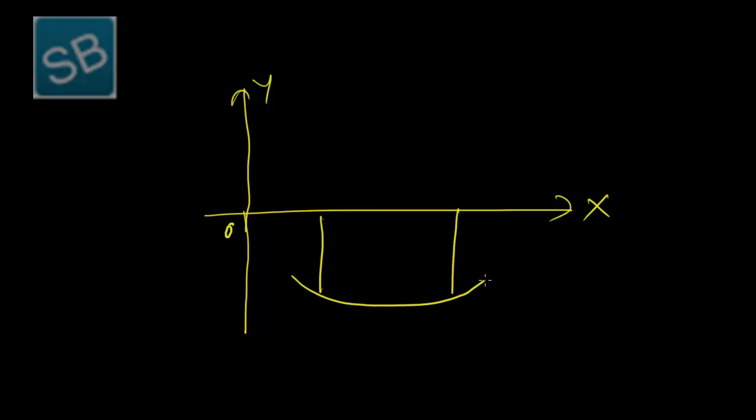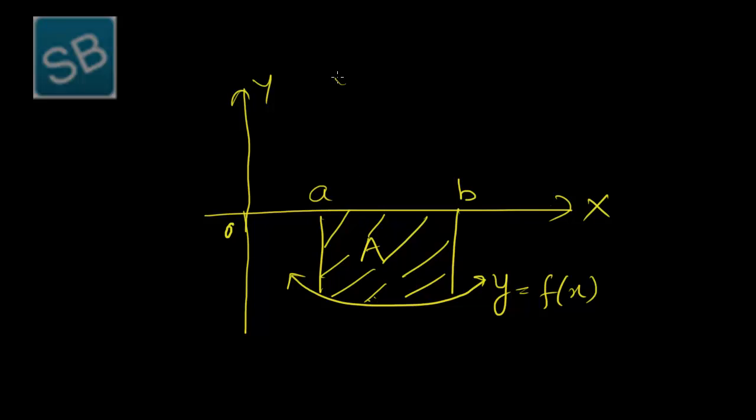This is the x-axis. This is the y-axis. This is the origin. And we have to find the area of curves below the x-axis. Just like that curve, y is equal to f of x below the x-axis. This is x is equal to a, this is x is equal to b, and this is the x-axis. We have to find this area.